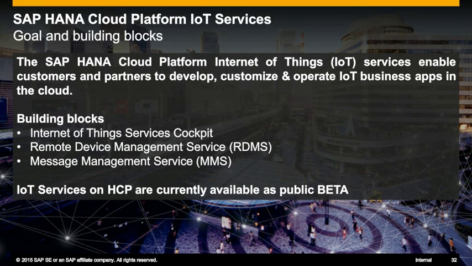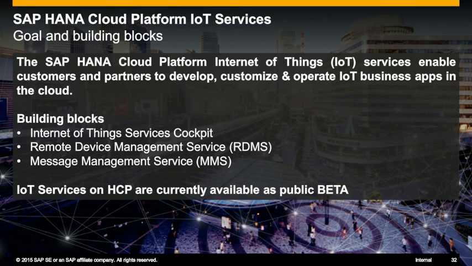So now let's look into the IoT services that we already have now in the HANA Cloud Platform. So it enables customers and partners to develop, customize, and operate IoT business apps in the cloud. And for that, we are using the three building blocks of the IoT services we have to date.